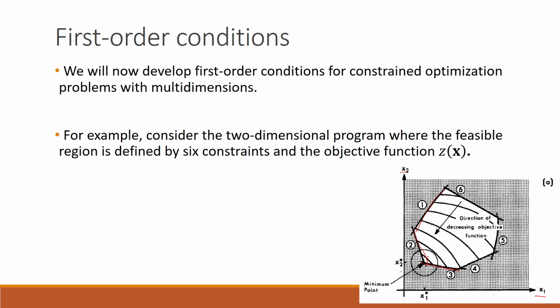You can see that there are these contour lines like this, which tell how the objective function values are changing. There is this direction of decreasing objective function. If you go in this direction, then the objective function will decrease.